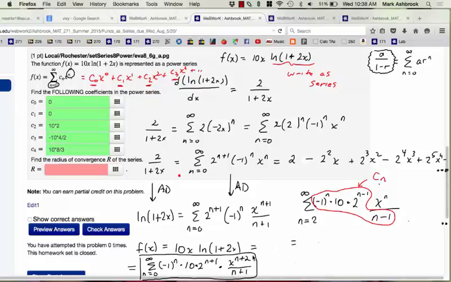That means if I'm going to write it in this form, the first n value I'm going to have is n equals 2. When n equals 2, I can have x to the n, and I'll get that first term x squared, just like here, when n equals 0, I get x squared. I need the index to match the exponent in order to write it in this form. The index has to match the exponent, n and n. But mine doesn't.